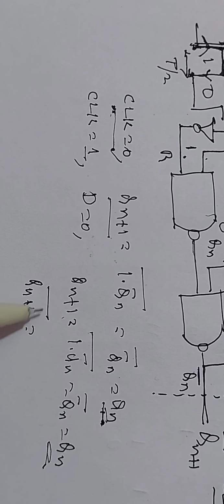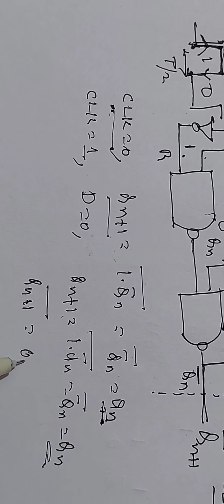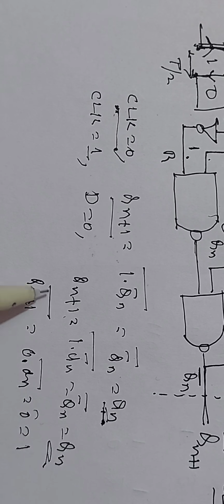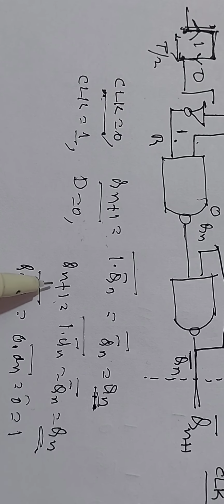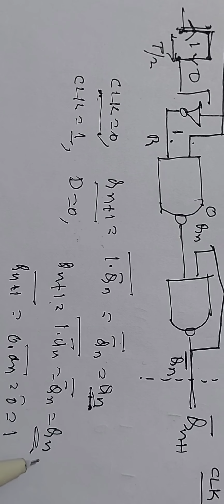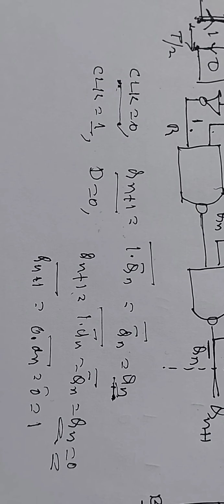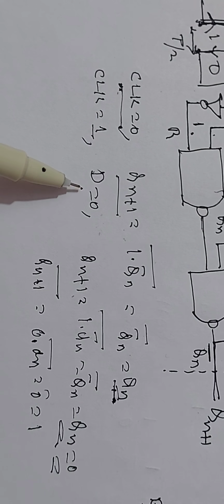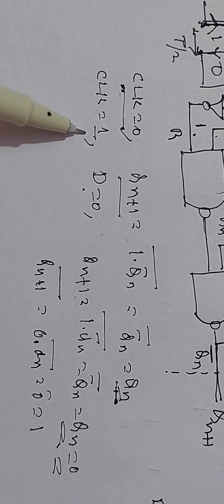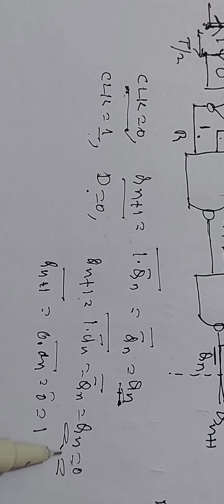Therefore Qn plus 1 bar is given by 0 into Qn complementary is equal to 0 bar equals 1. If Qn plus 1 bar is 1, Qn plus 1 should be opposite to this. Therefore Qn should be 0. That is, when the data input D equals 0 and when the clock pulse is present, the output is also 0.